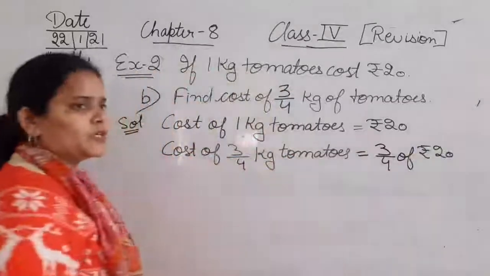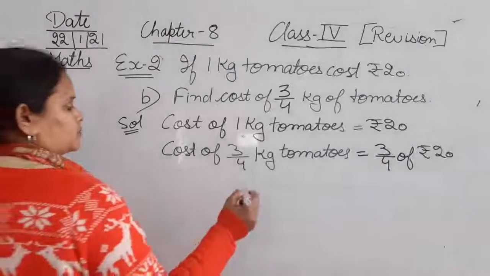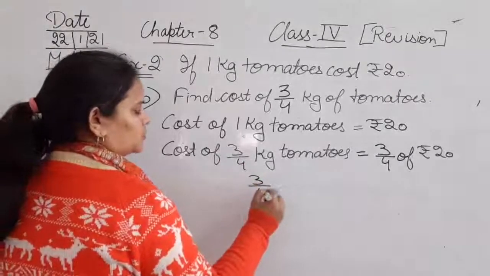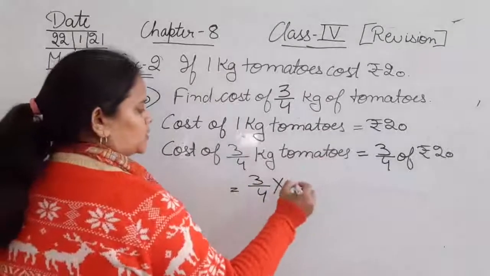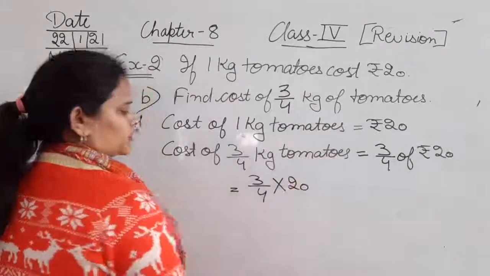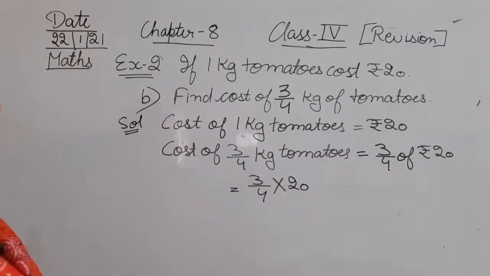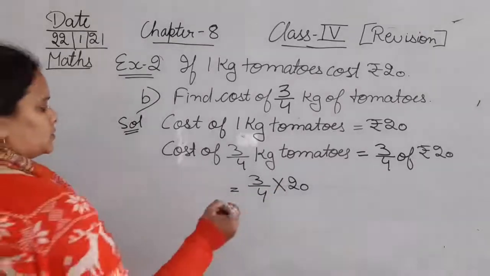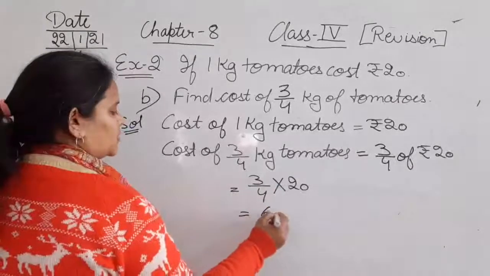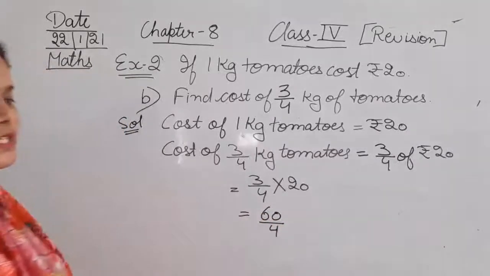Okay, 1 kg की 20 rupees है, तो उसके 3/4 की कॉस्ट भी तो 3/4 हो जाएगी. Okay, so let's find out. 3/4 of will change to the sign of multiplication and rupees 20 will be 20. Okay, so let's multiply this. So numerator will be 3 multiplied by 20, that is 60. Denominator will be same, that is 4. Okay, 60 upon 4.